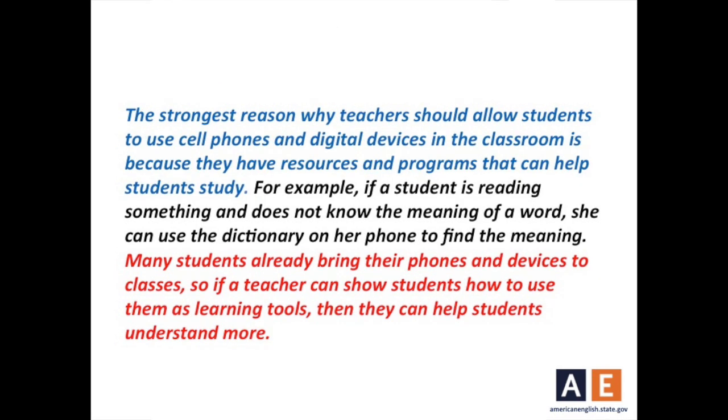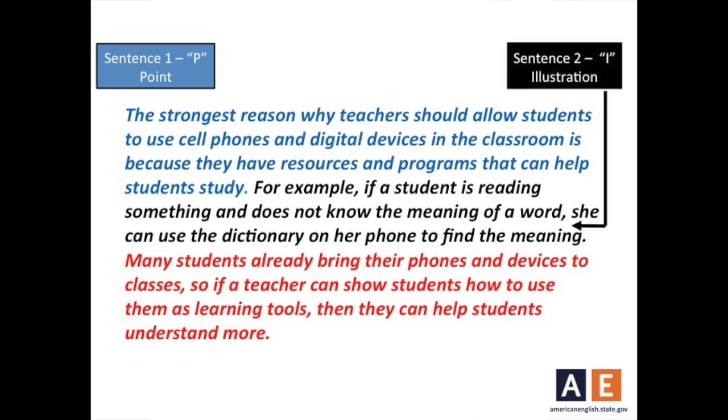After discussing the role each sentence plays in the paragraph, it is time to make another connection with P.I.E. You can see that the first sentence, containing the main idea, is the point, or P. The second sentence, containing the example, is the illustration, or I. And the third sentence with the information connection between the first 2 sentences is the explanation, or E. So, writing good paragraphs is as easy as pie.